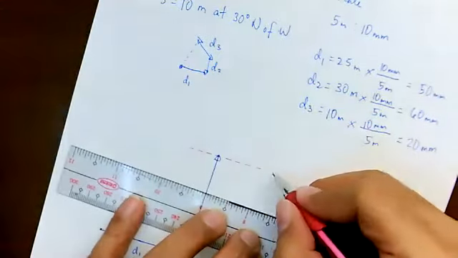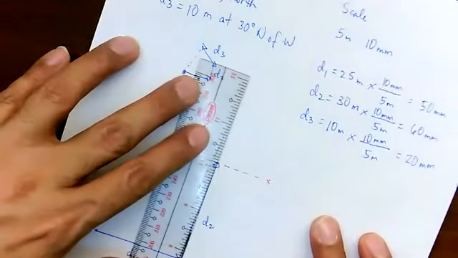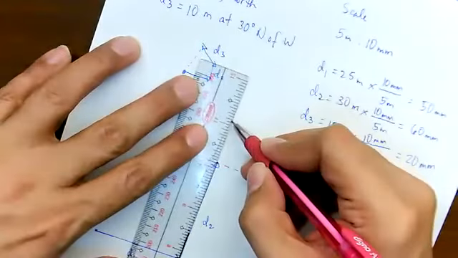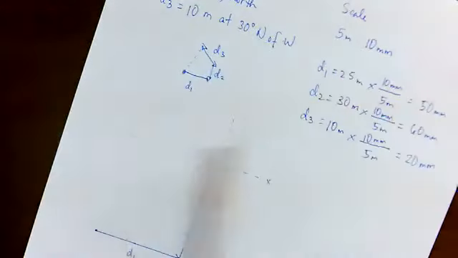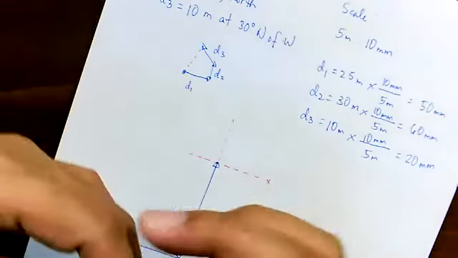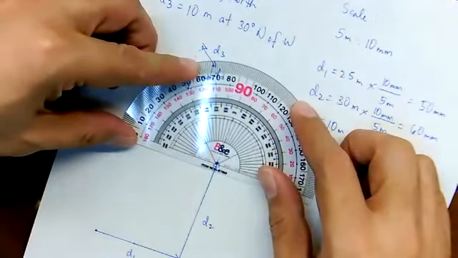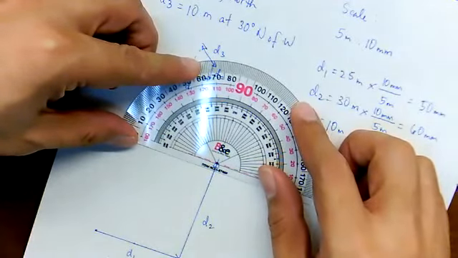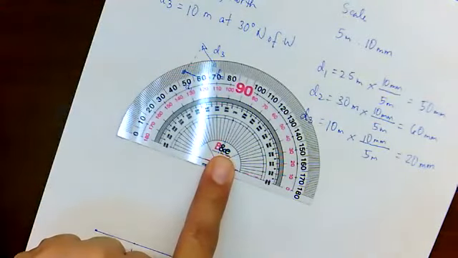This is our x-axis, and this is our y-axis. The imaginary Cartesian plane will help you know where to place your protractor. We place the protractor here at the origin, and it says 30 degrees north of west.